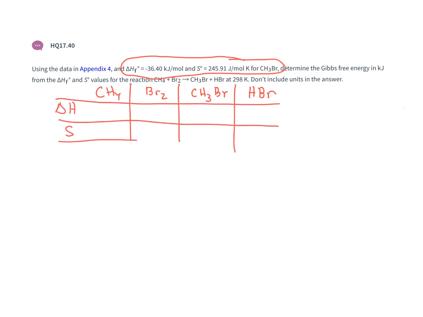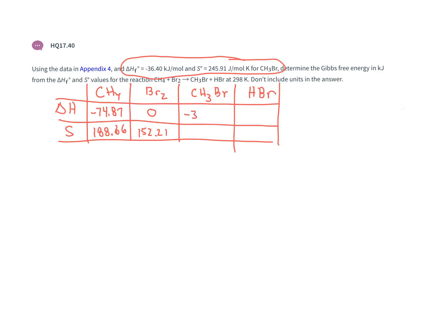So if you go to Appendix 4 and look up that information, you'll see that the delta H for methane is minus 74.87, and the entropy is 188.66. For bromine, the delta H is 0, and the entropy is 152.21. They give us the methyl bromide.